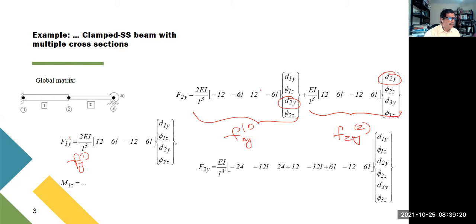So this element here, because it's multiplied by 2, and this element here, and all of this is multiplied by d2y. This is the way they link all these elements together.